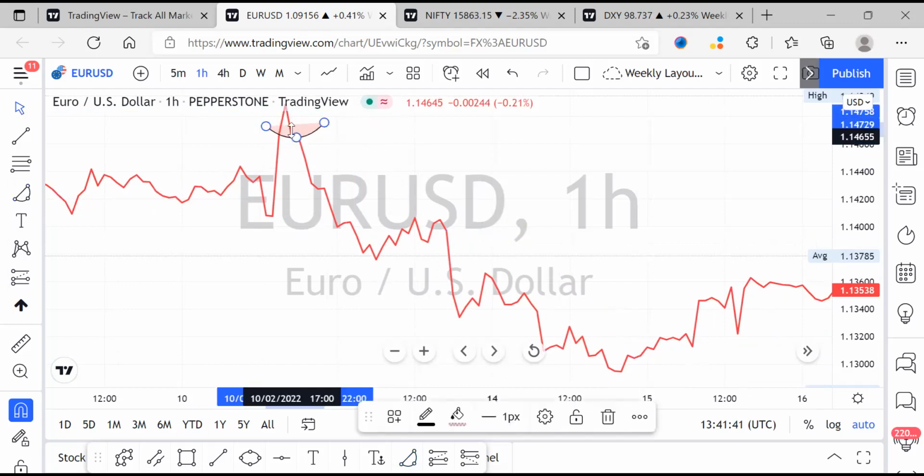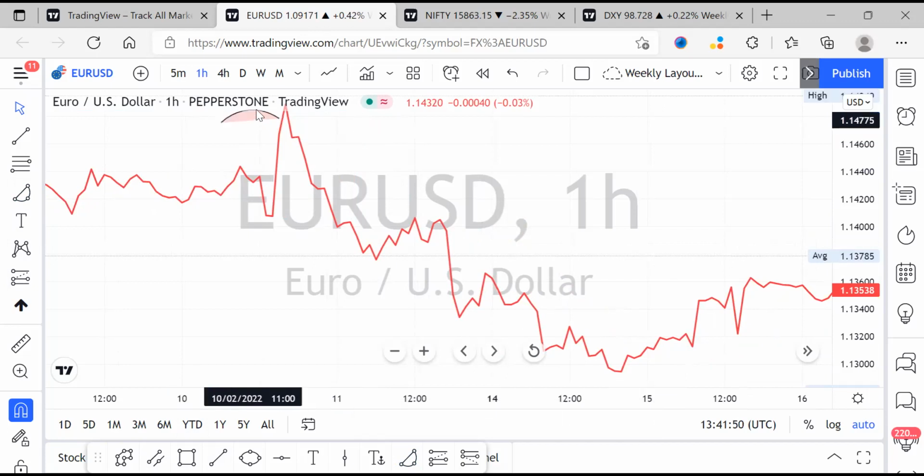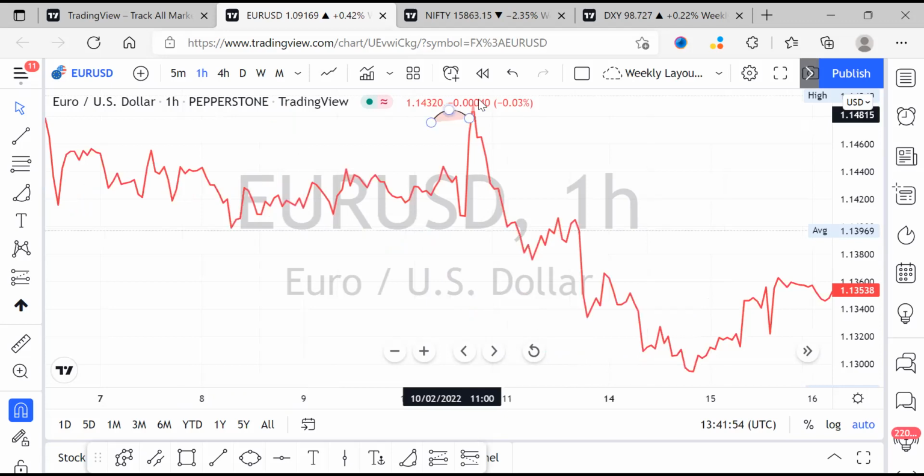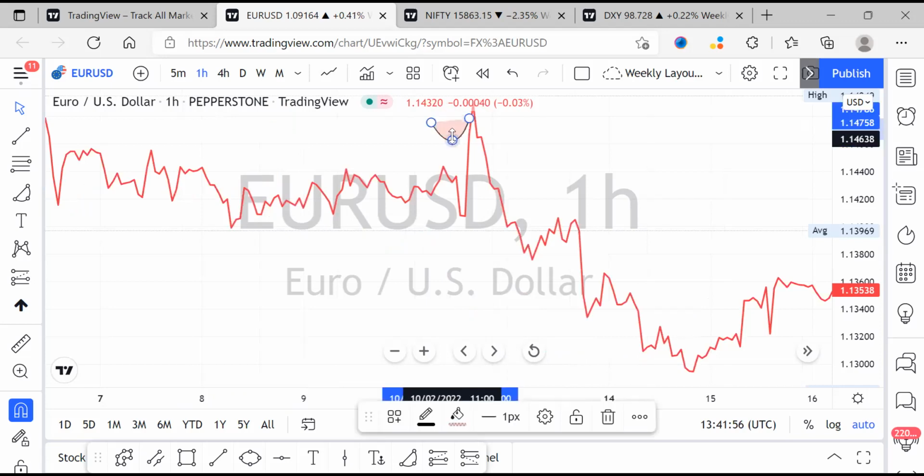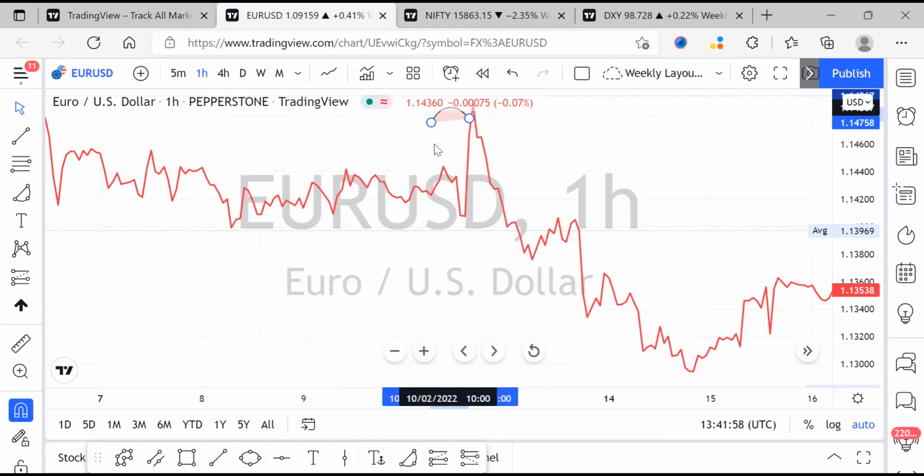So price itself did not go above here, okay, and just fix that here. When price did not go above here, you'll see that the price itself is starting to go in the opposite direction.